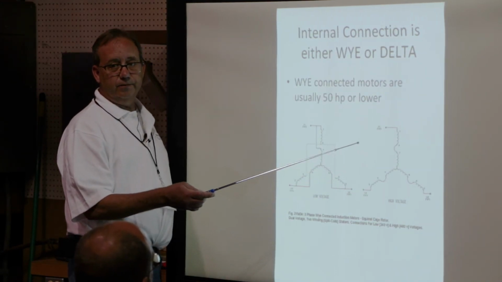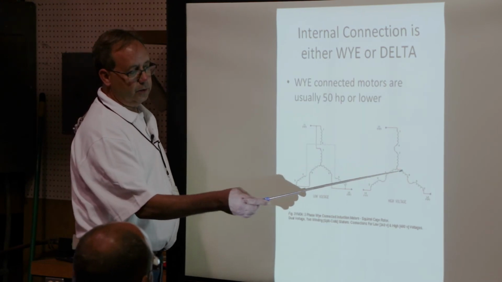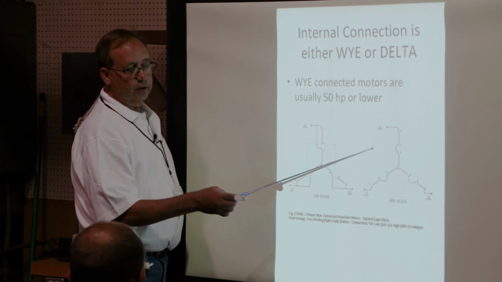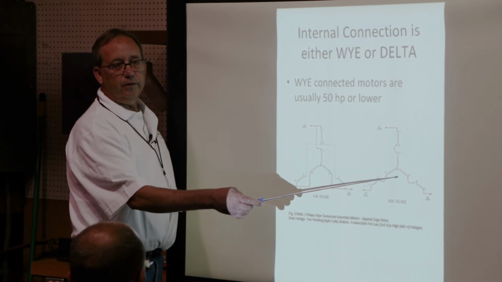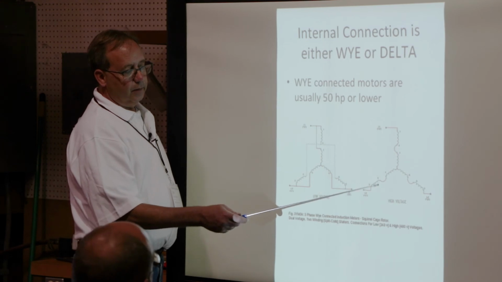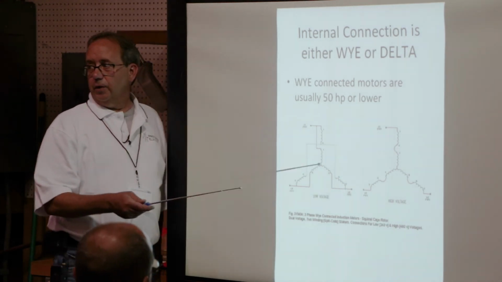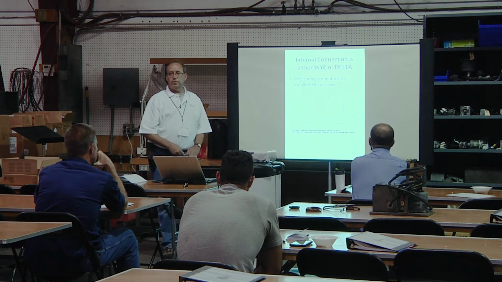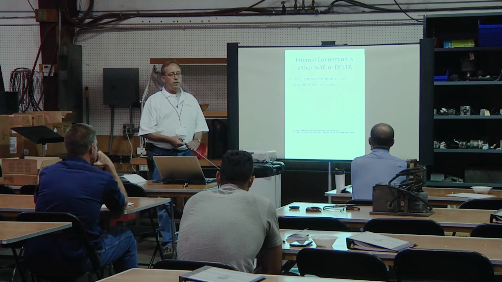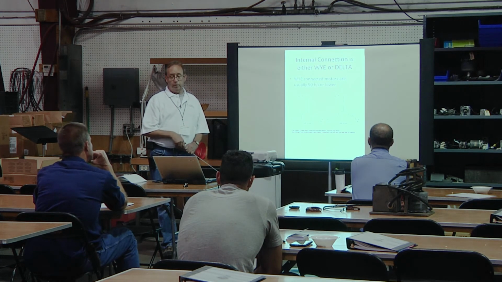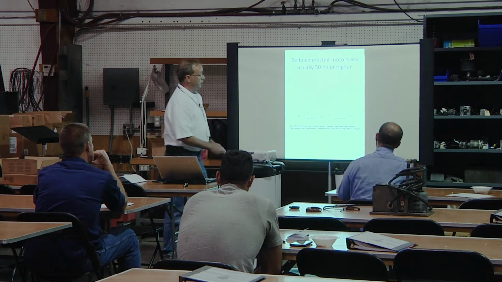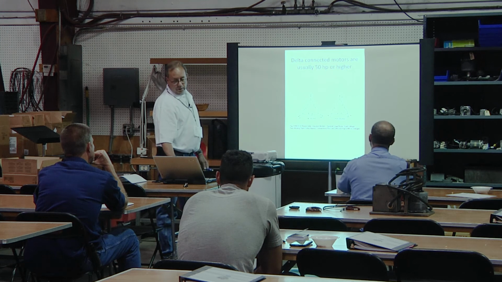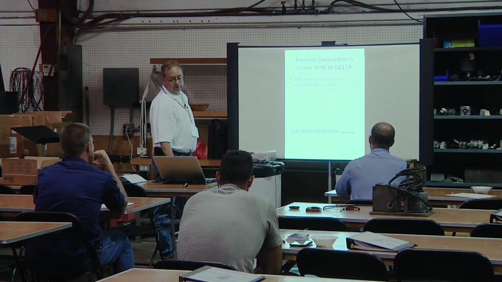It's the vectorial sum, the square root of 3 times applied, but suffice to say it's 277 volts to the neutral in a Wye connection. So you don't have as much voltage and the same number of coil turns on a Wye connected motor as you do a delta connected motor. Because in a delta connected motor, your phase voltage goes across one whole phase. See the difference?